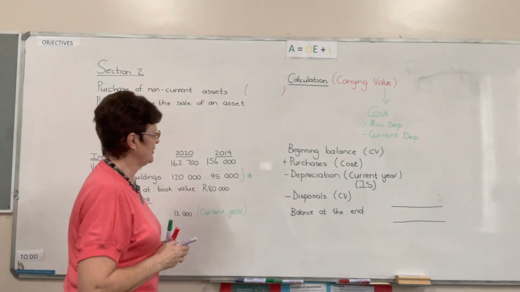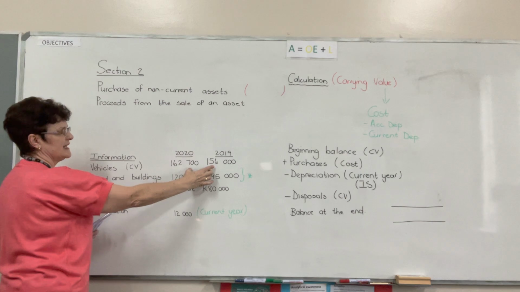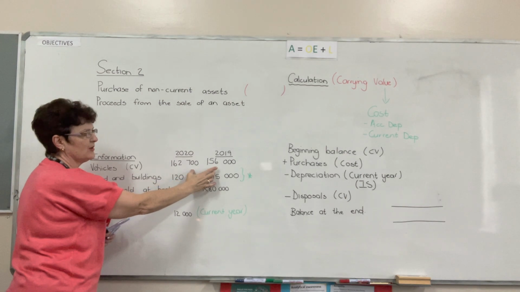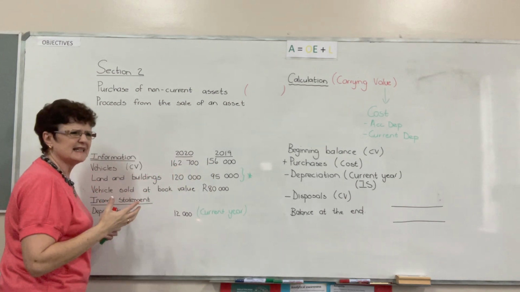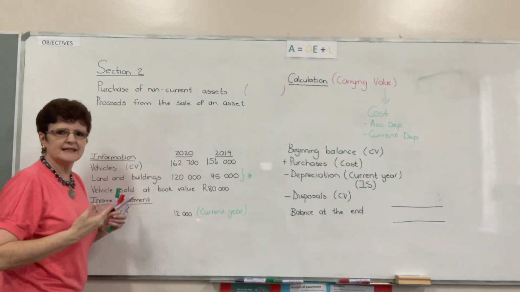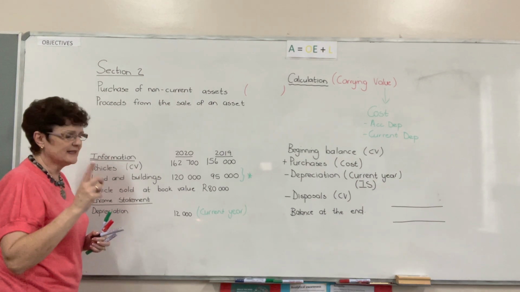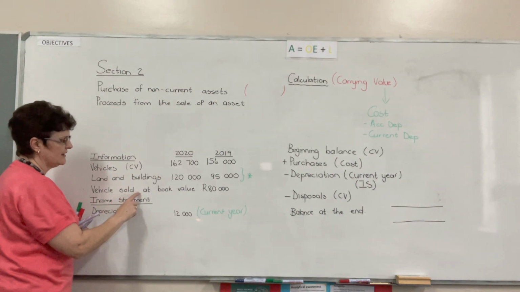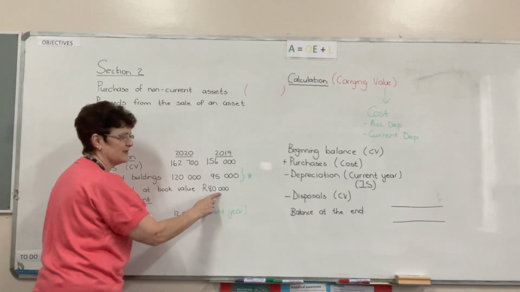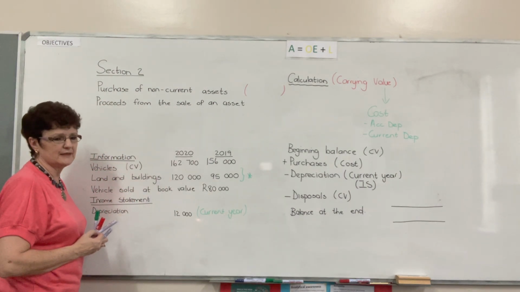Let me explain further. We can see that in the vehicles there has been an increase. So we can decide, okay, let's just take this and this, minus it from each other. The difference must then be what we've purchased. But there's more information. There's information saying that there was a vehicle sold as well. So it's not just that straightforward.